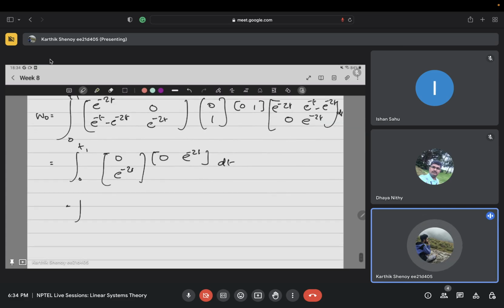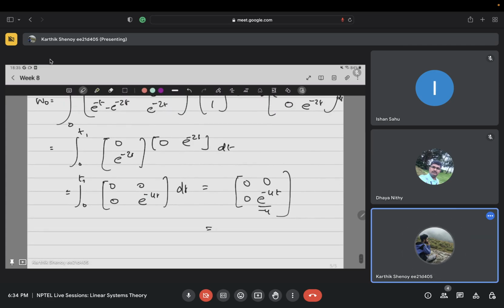So this is same as t0 to t1, 0, 0, again 0, e raised to minus 4t. So this is nothing but 0, 0, 0, e raised to minus 4t by minus 4. Okay, so this will be equal to 0, 0, 0 as t tends to infinity.